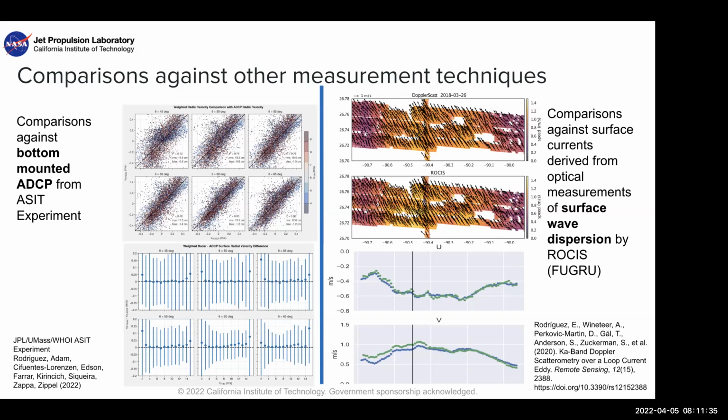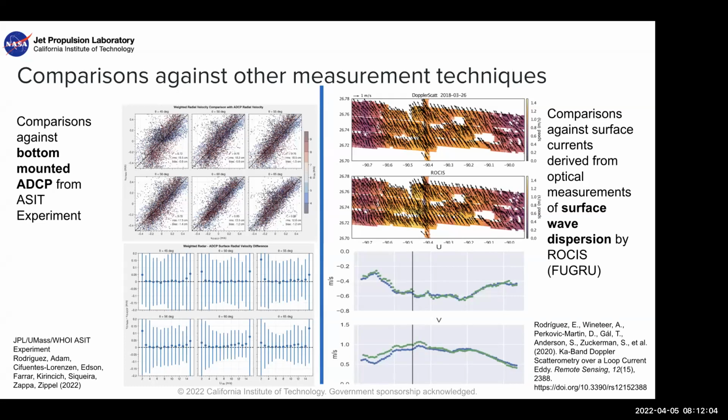On the right are some examples that we collected over an eddy in the Gulf of Mexico. And we're comparing here against optical measurements derived by looking at surface wave dispersion by an instrument called ROCUS from Fu Group. Basically, that instrument forms space-time spectra of waves.